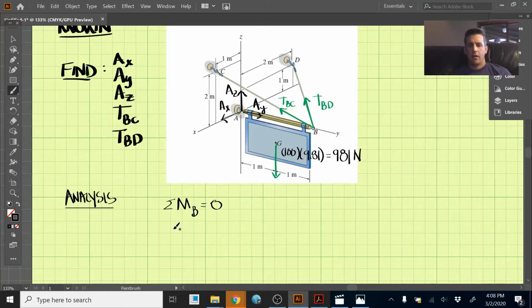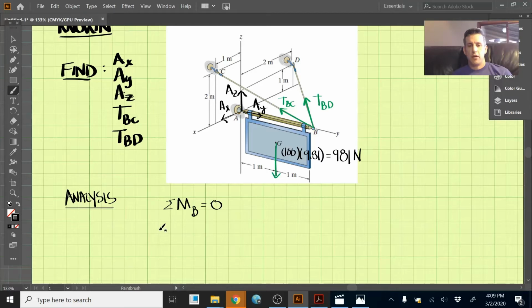We could do this keeping track of clockwise, counterclockwise motions, but in a 3D problem, it gets very confusing. So I would really focus on using the R cross F formula in terms of finding the moments. So let's focus on the sign G here.